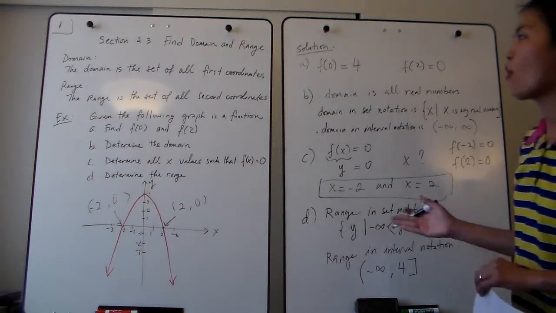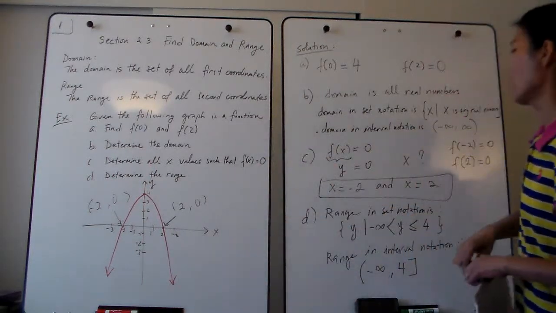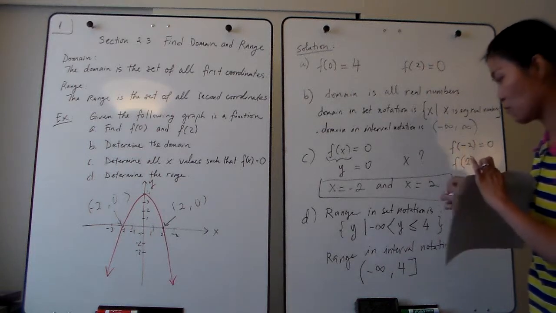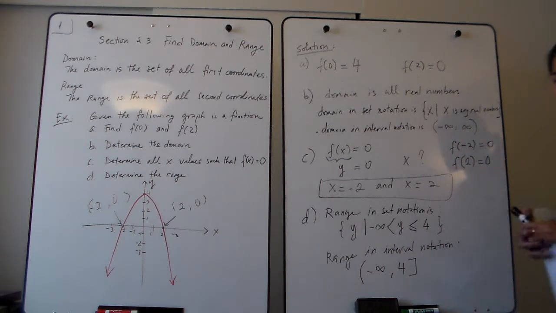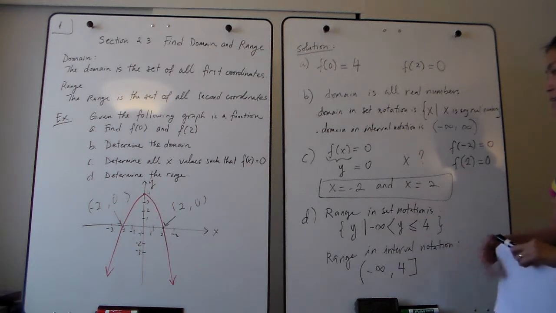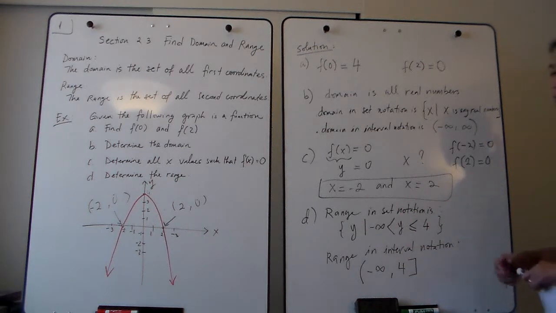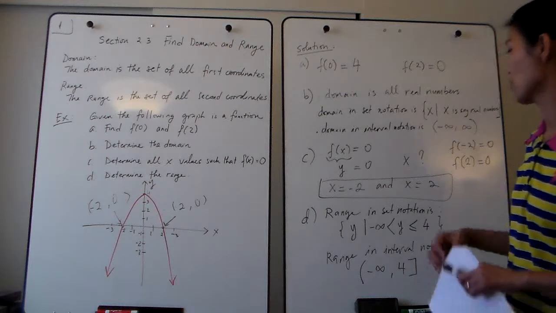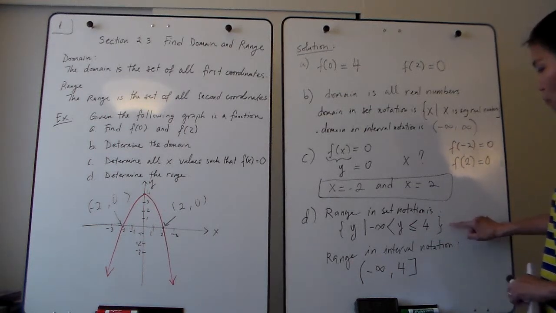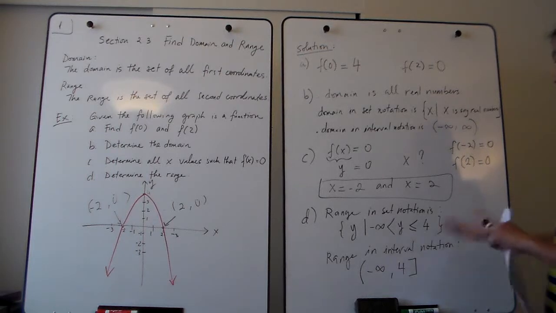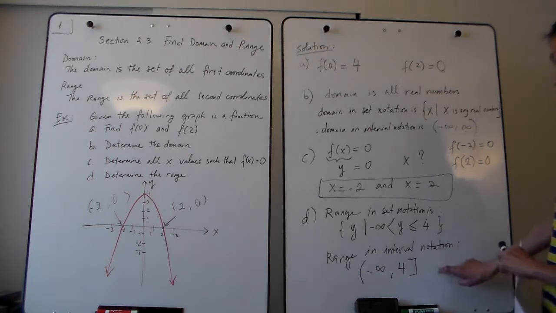So this is how you would solve this example. I mean, it's just one answer, but written in 2 different ways. So if I ask you to solve and write the answer in set notation, this is how you write it. If I ask you to write the answer in interval notation, this is how you write it.